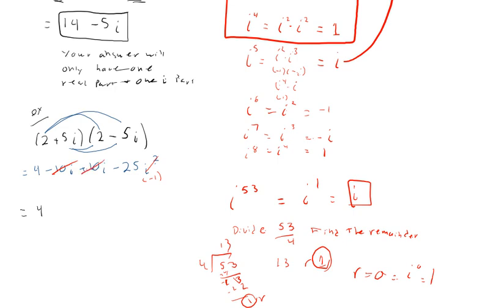The negative 10i plus the 10i goes away. And then I have negative 25 times negative 1. That's going to be plus 25. So my answer is going to be 29. And that's it.